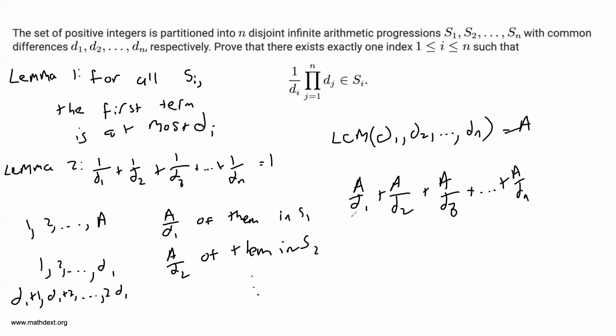This is the amount of terms in each of the n sequences. However, since each of these has to be in exactly one sequence because it's a partition, this is equal to a, and we can divide both sides by a to get our desired sum of these fractions. So that's enough to prove the second lemma.